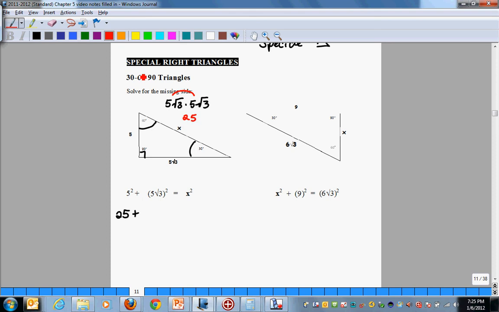Outies, 25. Innies times 3 equals 75. So 25 plus 75 is 100, which equals x squared. You square root both sides. X equals 10.